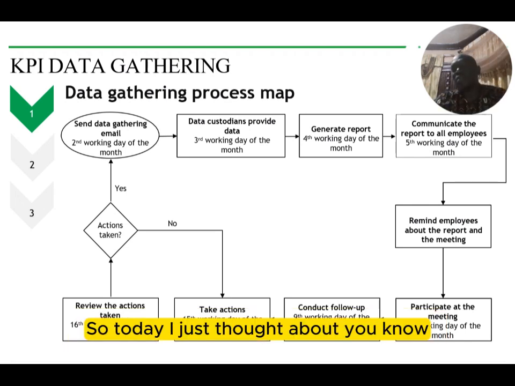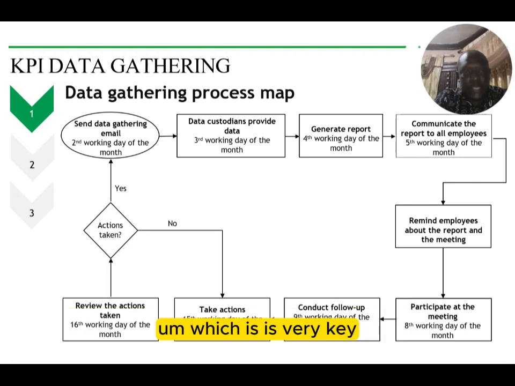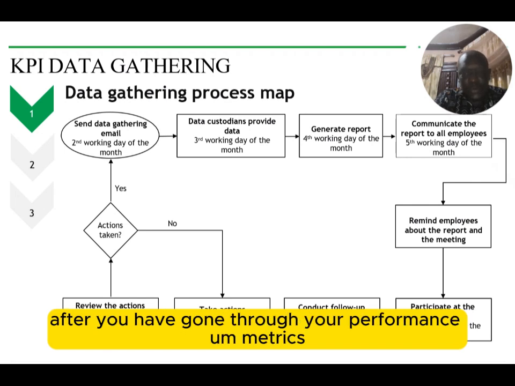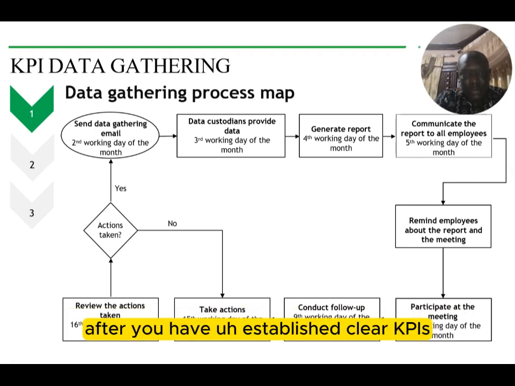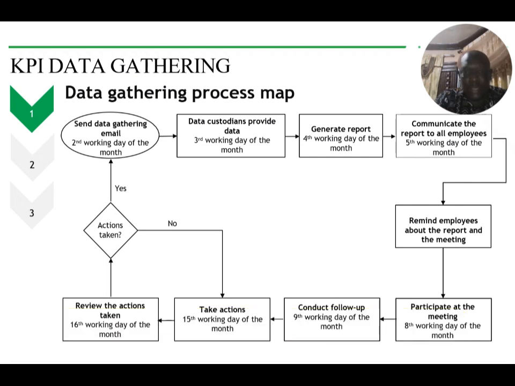So today I just thought about sharing a very key component in KPI data gathering, which is very key after you have designed all the strategic plan activities, after you have gone through your performance metrics, after you have established clear KPIs, clear targets, after you have identified your data custodians as well.